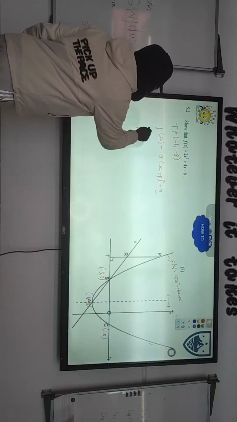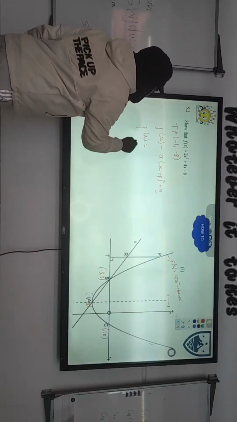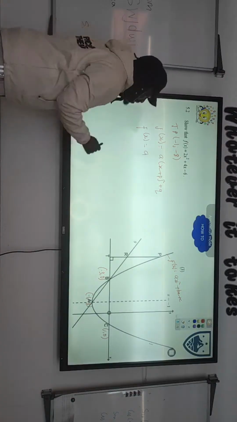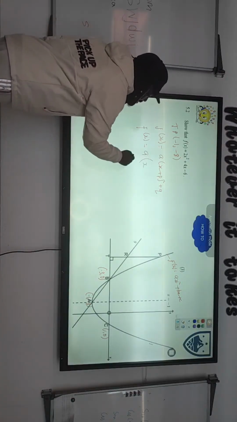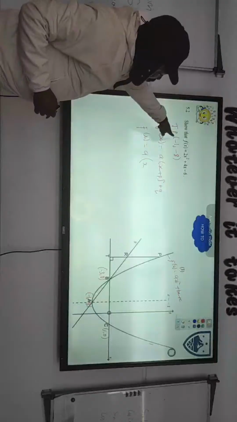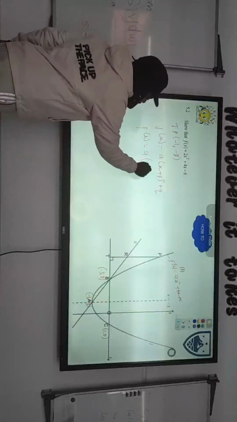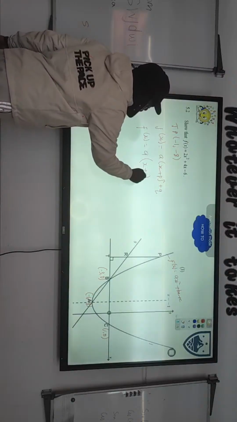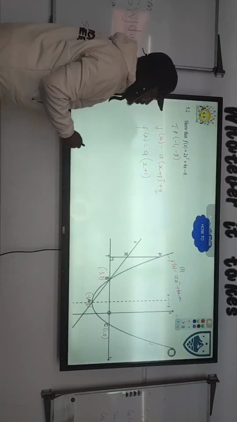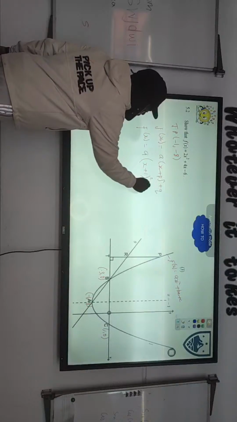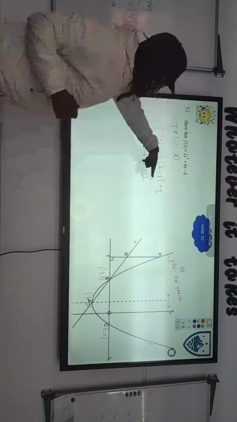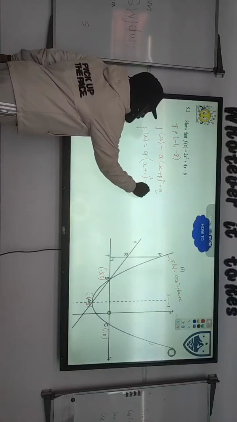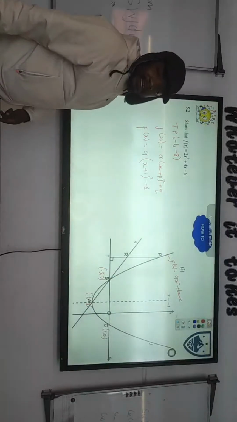So your f(x) will simply be a, we're going to have the value of a, we have x, and then we have a negative 1, which will change the sign. It will be a plus 1 that side, squared, and the q takes it as it is. It will be a negative 8.